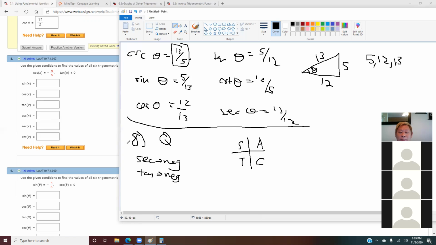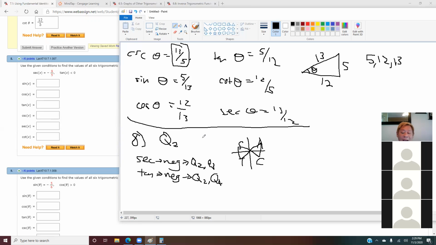What quadrant makes secant negative? Quadrant 2 and quadrant 3, right? And tangent negative is quadrant 2 and quadrant 4. So which one is common between those two? Quadrant 2.